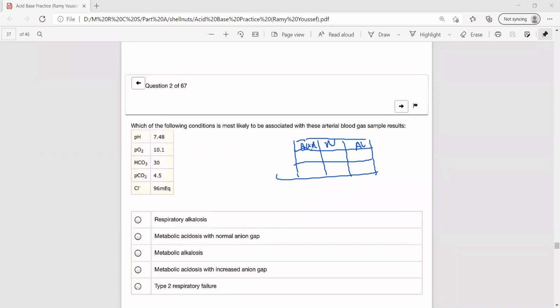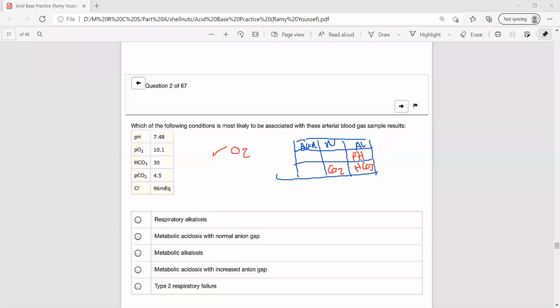So the pH is alkalosis, and the bicarbonate is also alkalosis. The carbon dioxide is normal, and the oxygen is also normal. So this is the patient's ABG result.